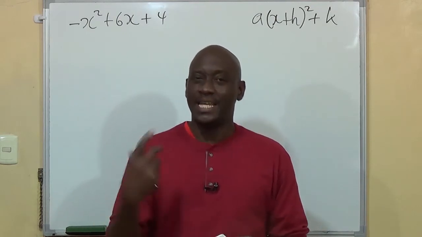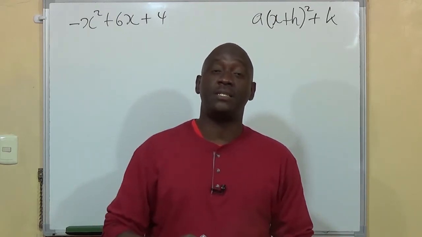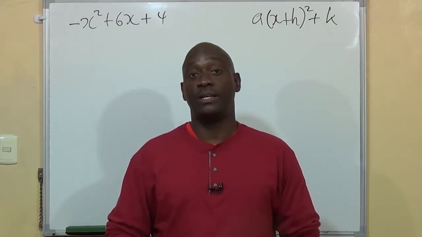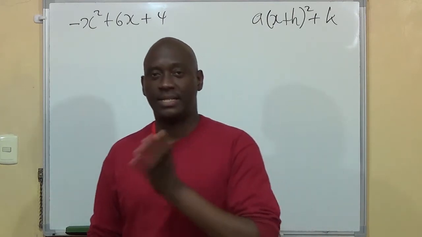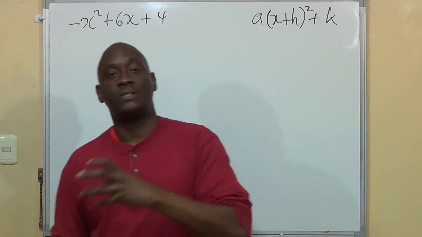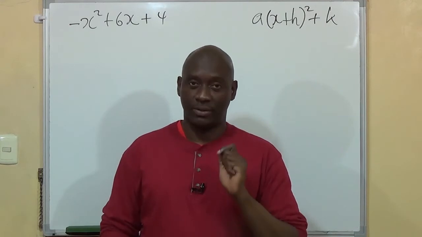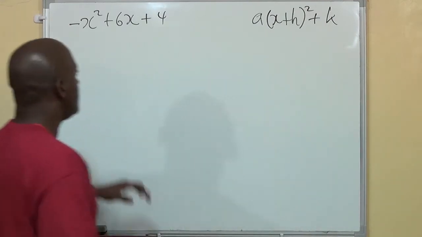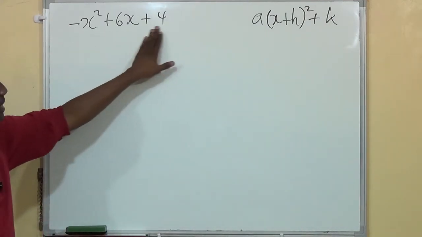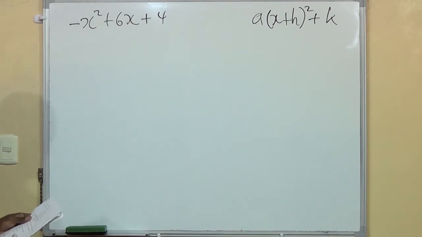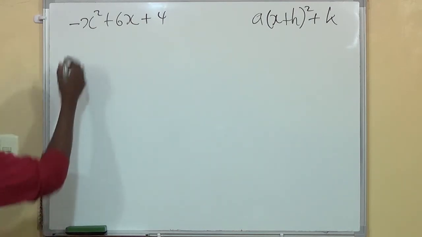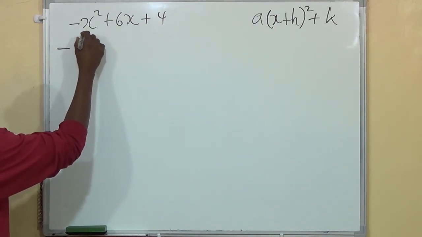Alright? And if by any chance at this stage in the game your factorization is still a little weak, then you know that that is something you need to check up on, because it will hurt you in this particular topic going forward. Alright? So we factorize this entire expression here by taking out the minus 1 as the common factor. So we have minus 1, and look at what we do here.